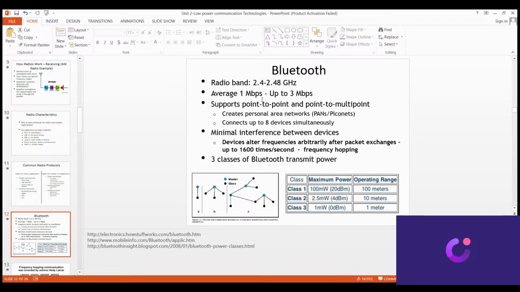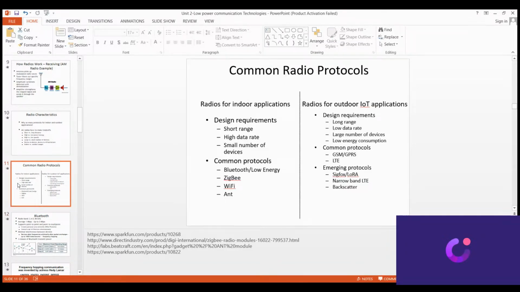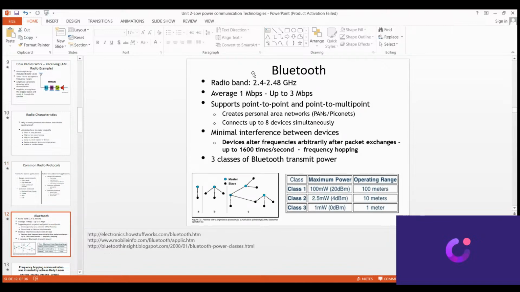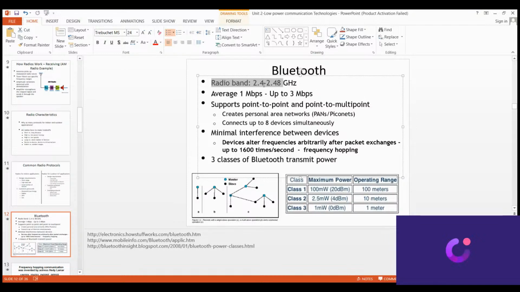Let's look at Bluetooth. We want to look at some of the protocols. Bluetooth falls under the radio band of between 2.4 to 2.48 gigahertz, with an average of 1 megabit per second up to 3 megabits per second.